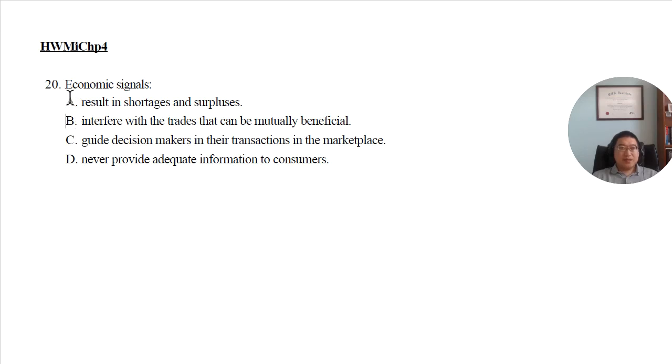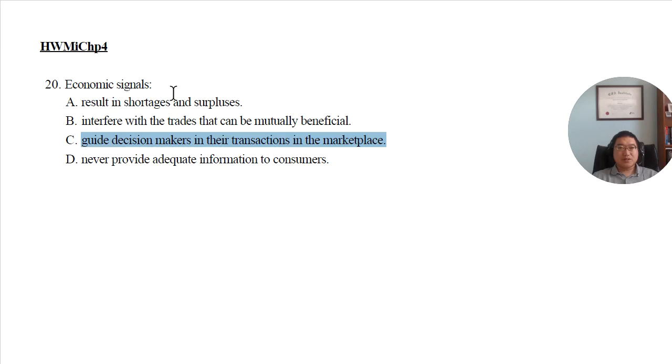Okay, look at B. Economic signals interfere with the trades that can be mutually beneficial. No, the economic signals, the price in the marketplace, actually lead to the trades that can be mutually beneficial. That's what we have explained in A. C. Economic signals guide decision makers in their transactions in the marketplace. Yep, that is what we are saying, right?